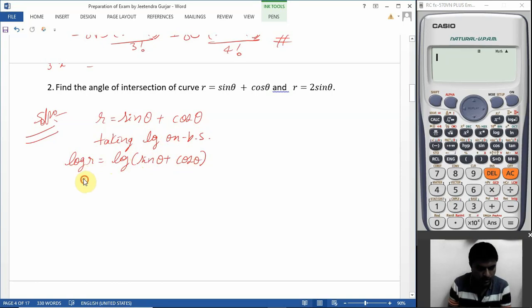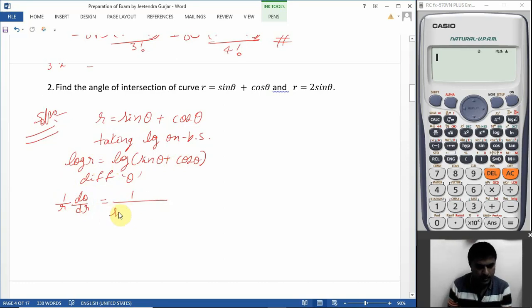Yes friends, so differentiate now immediately with respect to theta. Log r is different from r, so you are going to use the chain rule again. So this is 1 upon r dr upon d theta is equal to, now differentiation of log of sin theta plus cos theta, please see that this is again chain rule.